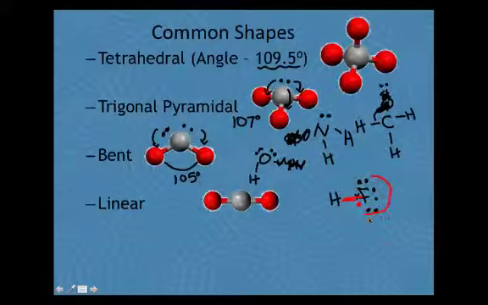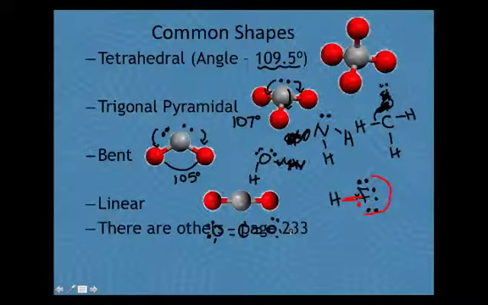That would create a linear structure. You could also have a linear structure by having like double bonds. For instance, carbon dioxide has this sort of shape where there's double bonds, and that locks it in to sort of a linear shape. And of course there's other shapes that there could be.